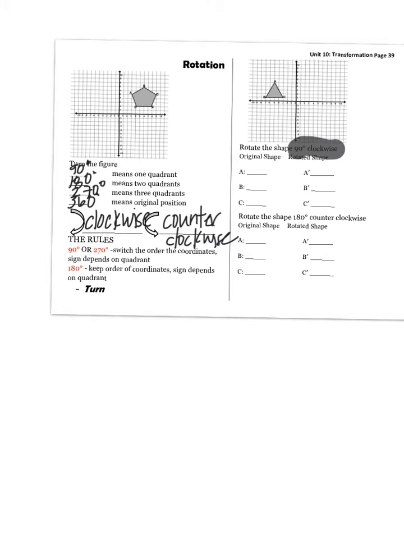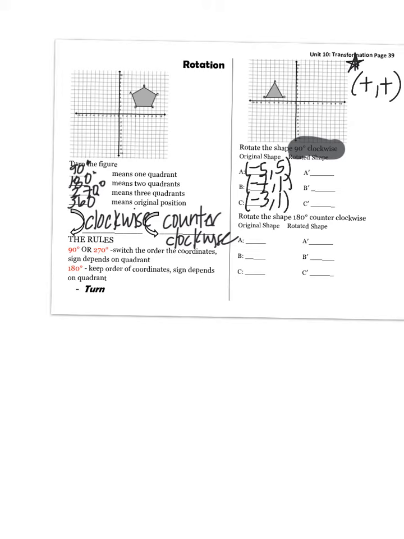So that's going to put us in quadrant 1. So positive, positive. All right, so A is negative 5, 5. B is negative 7, 1. And C is negative 3, 1.